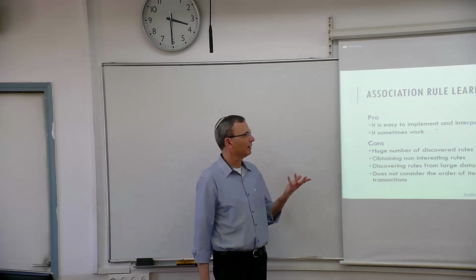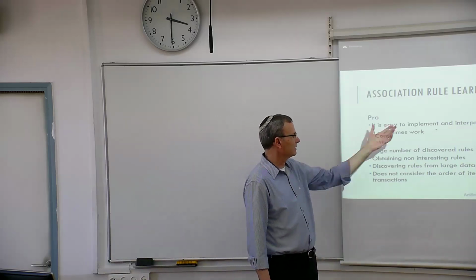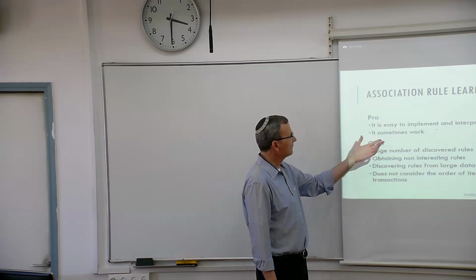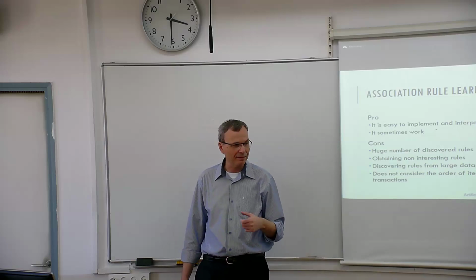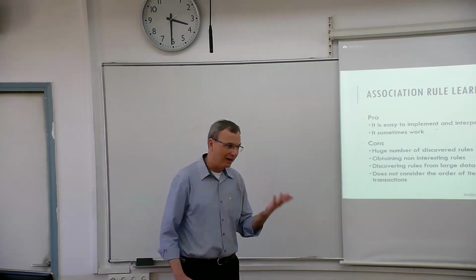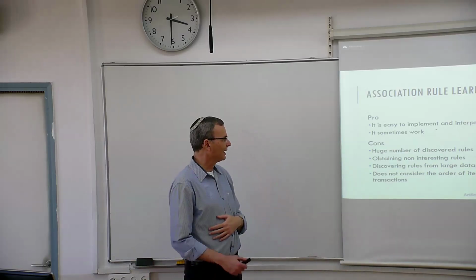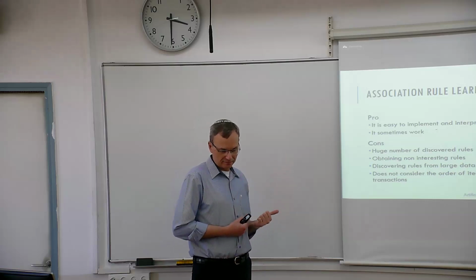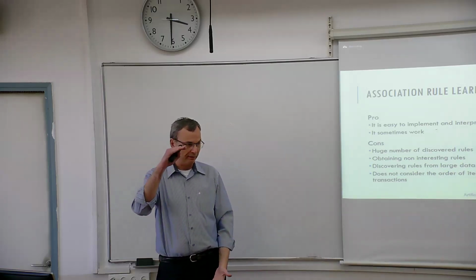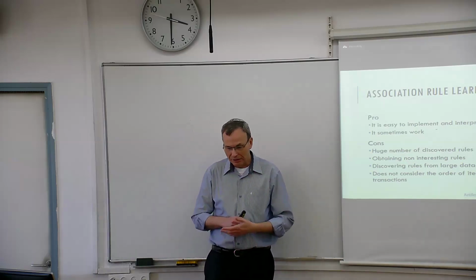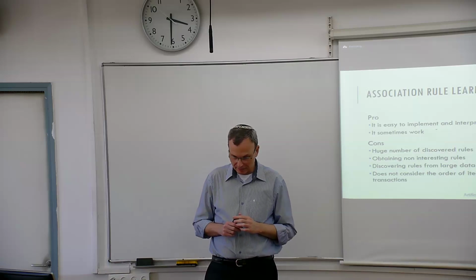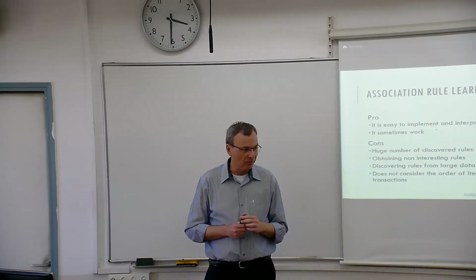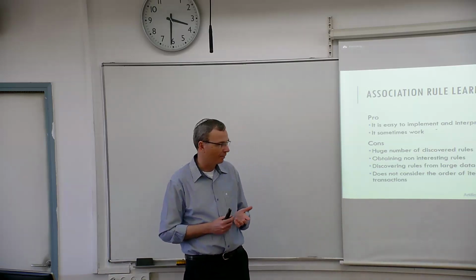It is easy to implement and easy to understand. It sometimes works. People can give examples that it sometimes works. However, if we have a very large data set, using this method we can find a huge number of rules. And this is what actually happens. Most of them are not interesting.